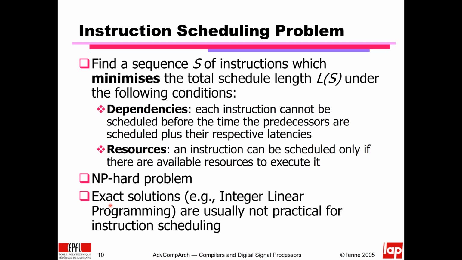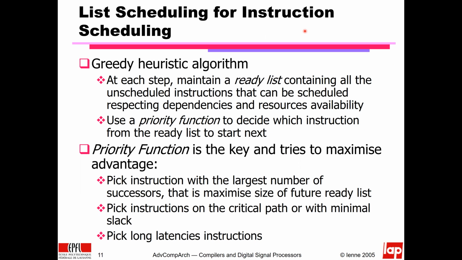So it turns out that this is an NP-hard optimization if I want to minimize the schedule, and so typically you cannot find an exact solution. The way one typically solves this problem in compilers is a simple, greedy heuristic algorithm called list scheduling.